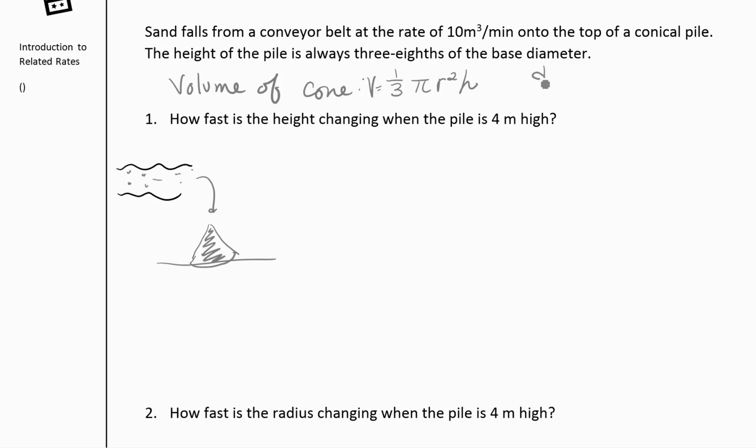We're going to have dV dt, which will be the rate the volume is changing, which we're told is 10 meters cubed per minute, right? And that's the volume, because what is the volume? It's how much sand is in that cone.